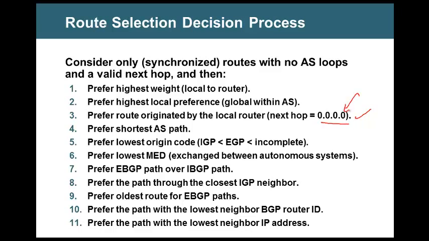You yourself are the next hop. That's why 0.0.0.0. So this is more trusted, this is more preferred than coming from some address 10.0.0.1. If you have a next hop address like this, and you have another one with the next hop address 0.0.0.0, this is preferred, and the one which has this as the next hop is not preferred. That's the meaning.